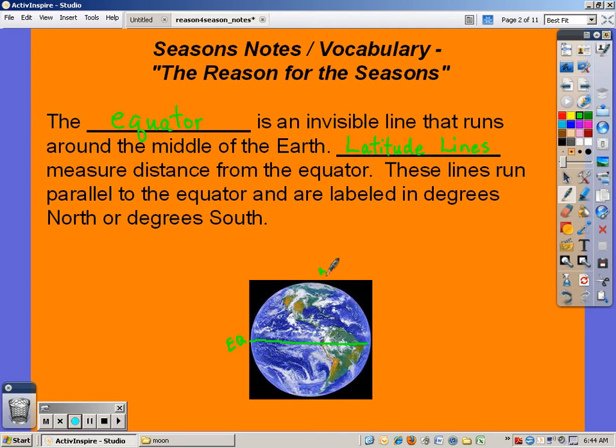So if here's your North Pole, here's your South Pole, these would be in degrees north, degrees south, and your latitude lines would look something like this. And your latitude lines south. Something like that.